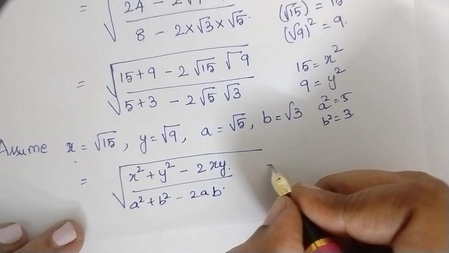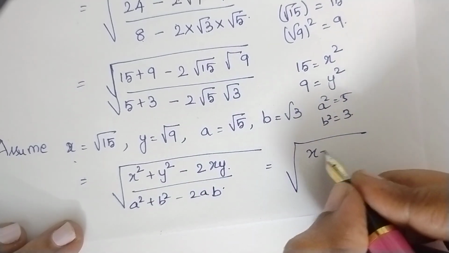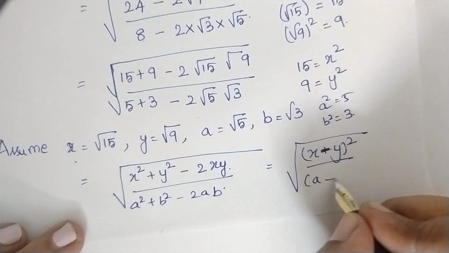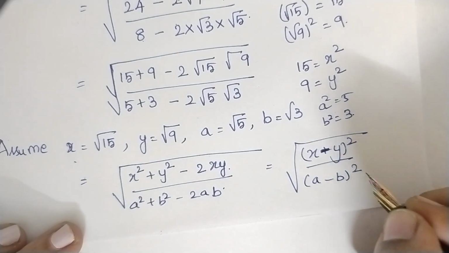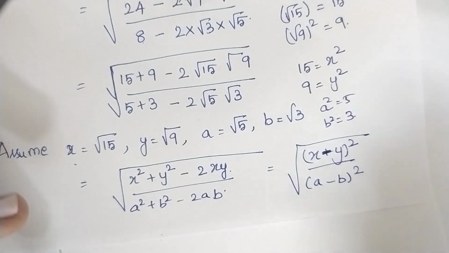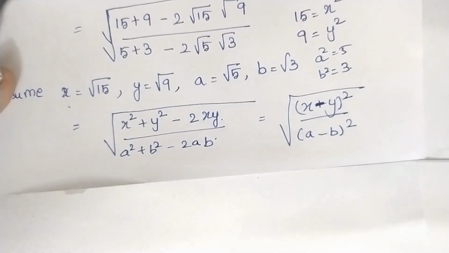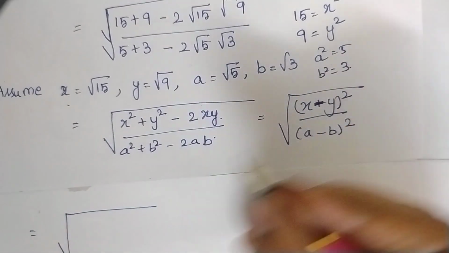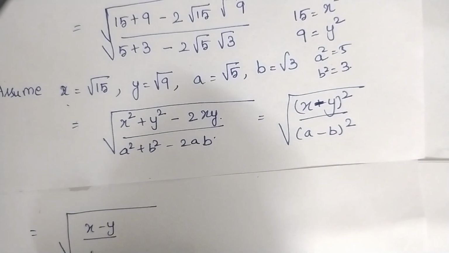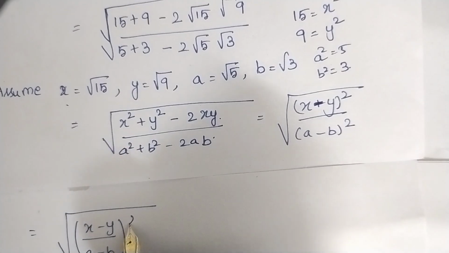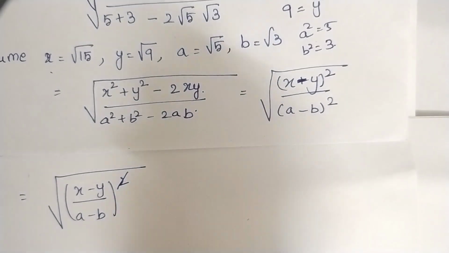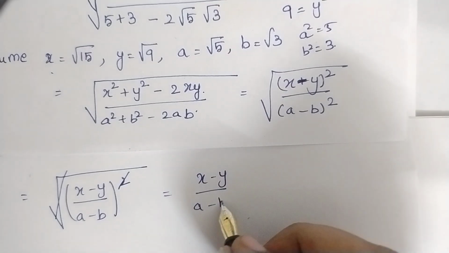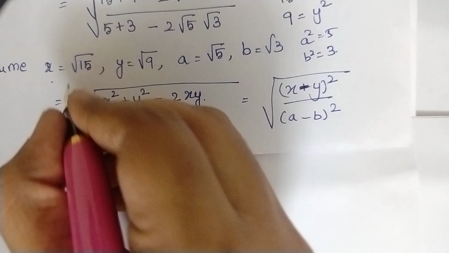So now this is in the form of root of x minus y the whole square divided by a minus b the whole square, as per the formula. Here the square is common, therefore it is the root of x minus y divided by a minus b the whole square. This square and this root get cancelled, therefore x minus y divided by a minus b.